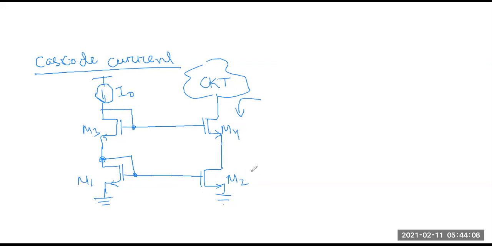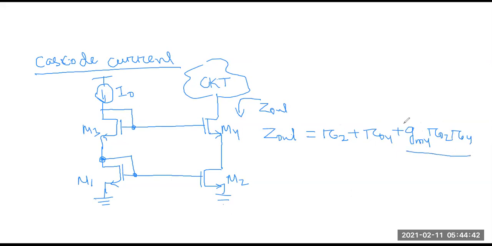Now the output resistance will be Z out. Suppose what will be the Z out? We have already discussed: R02 plus R04 plus GM4 into R04 into R02. So this is the output resistance, very high output resistance. If you discard the other terms, only this is very high, so it's okay. Now the input impedance.